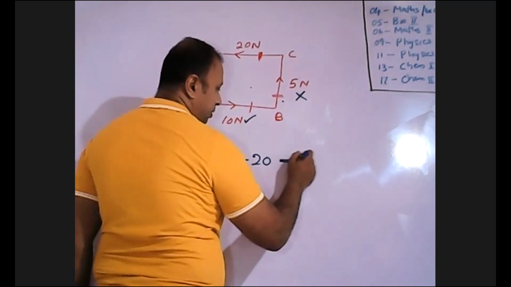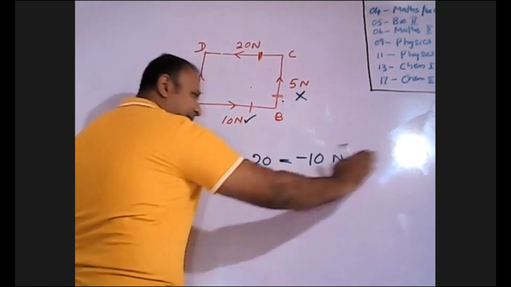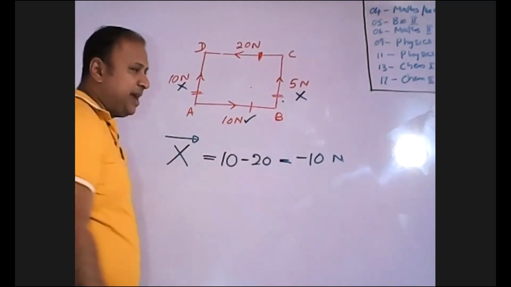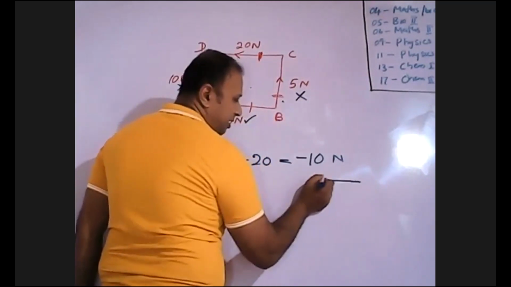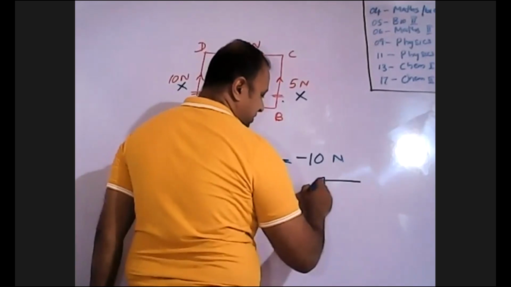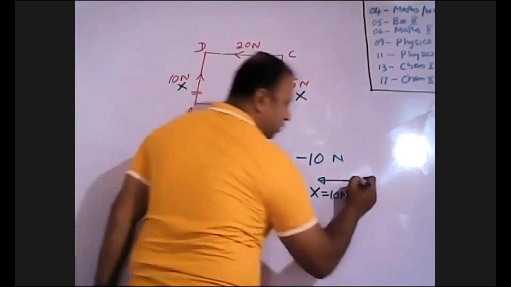So the answer is minus 10 Newton. So to the right hand side, the resolved component is minus x. That means the actual x is in this direction. It is equal to 10 Newton.